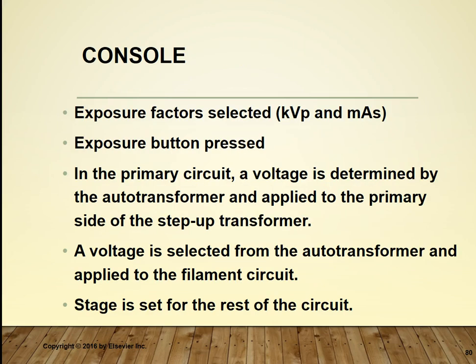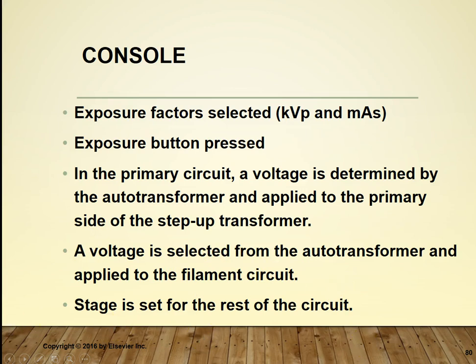So to this point, the radiographer, you have selected the exposure factors, your kVp and mAs, along with all other factors. You've pressed the exposure button. In the primary circuit, this results in a voltage being determined by the autotransformer. It's applied to the primary side of the step-up transformer, and then a voltage is selected from the autotransformer and applied to the filament circuit.